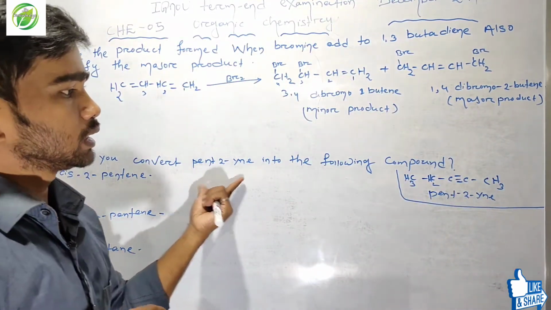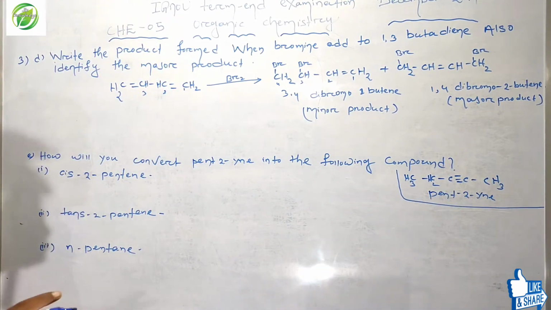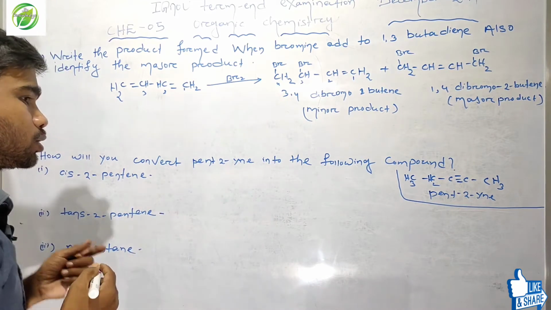According to this question, how will we convert this pent-2-yne into cis-2-pentene? Let's try to understand this.